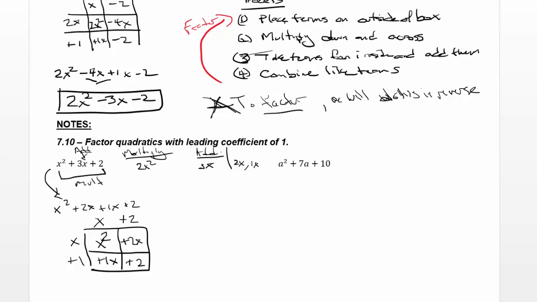It factors to be whatever was on the outside of this box. I think the terms on the outside of this box are x plus 2 and x plus 1. And voila. There's our polynomial factored.